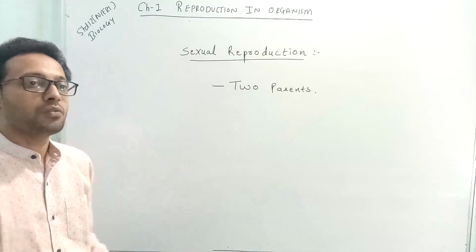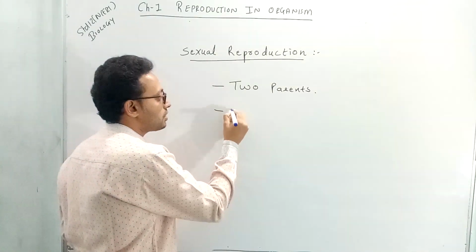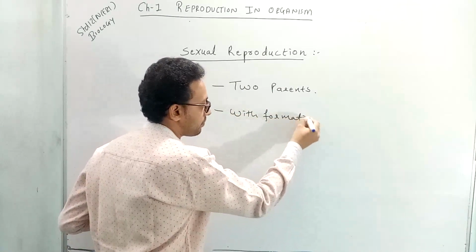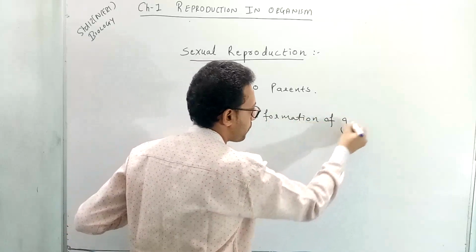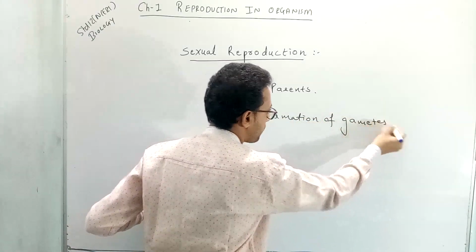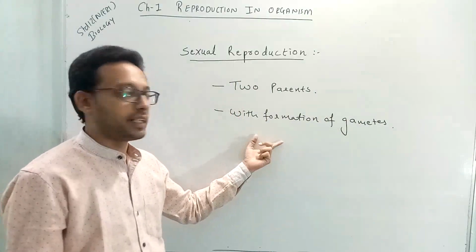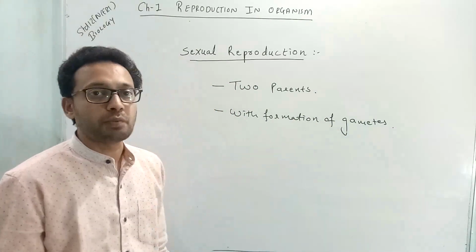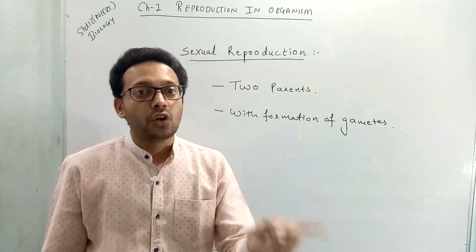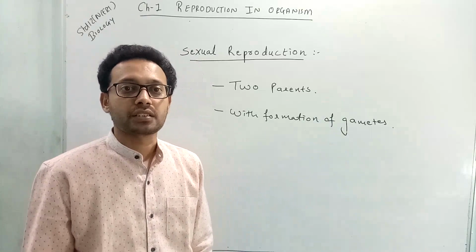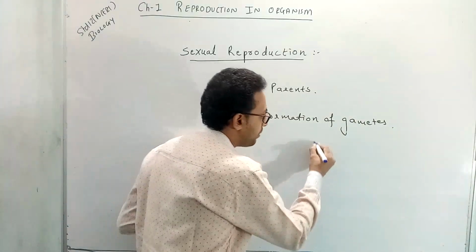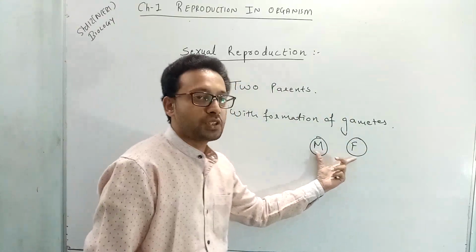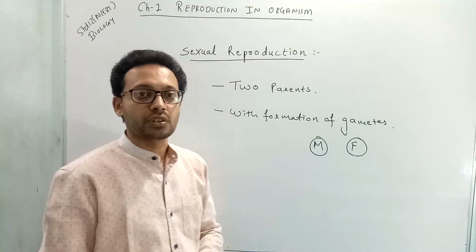The second characteristic is that the process occurs with formation of gametes. This gamete can be produced by either the same individual or different individuals of opposite sex. One will generate a male gamete, the other a female gamete. So gamete formation is necessary in sexual reproduction.